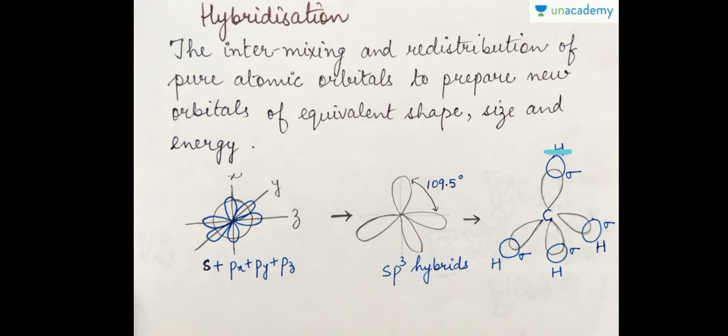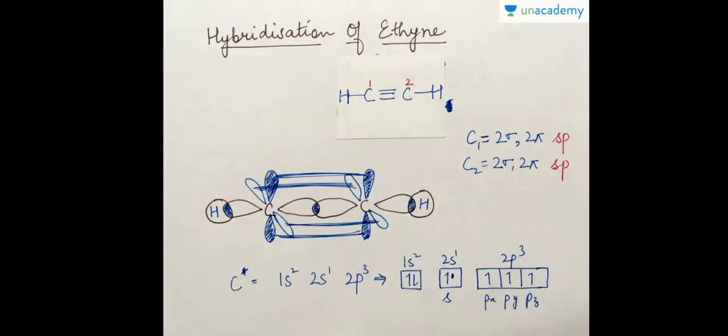Now in the case of ethyne, it has only 2 sigma bonds, one here and one in the triple bond, because the other 2 bonds will be pi bonds. So in this case the hybridization would involve only the mixing of 2 orbitals, the s and p orbital, because the other 2 p orbitals would be involved in the formation of pi bonds by the sideways overlapping of the p orbitals.